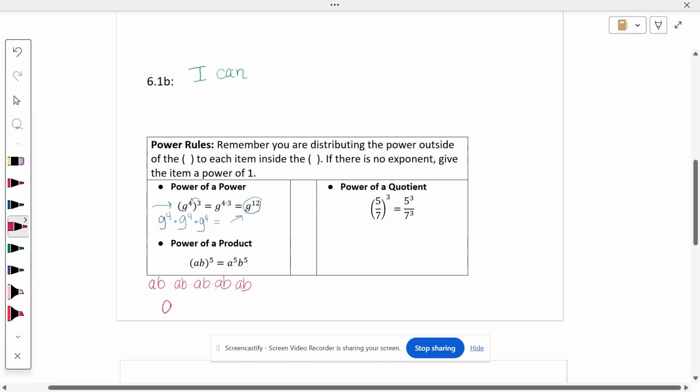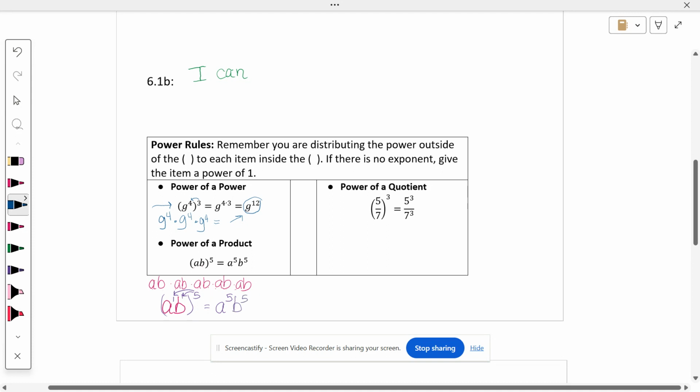Using the power of a product rule, remember that a times b raised to the 5th power. Well, there's a 1 next to each one of those. Remember we talked about if it doesn't have an exponent, give it a power of 1. And when you distribute, remember you multiply. 1 times 5 is 5. And 1 times 5 is 5. So that's why that works.